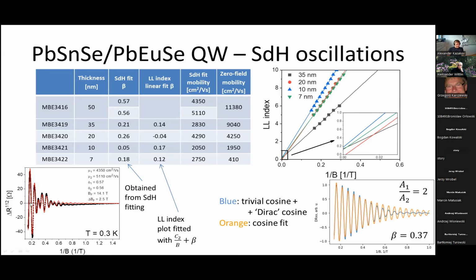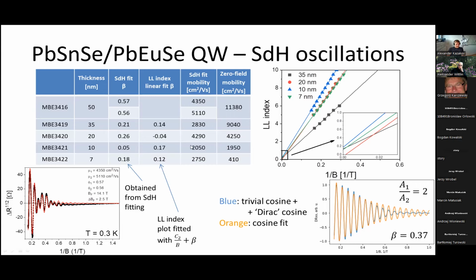And for both cosines we used for the fitting, we get phases close to 0.5, which is consistent with the Dirac nature of the material. However, for other thicknesses, such an approach using a single cosine results in quite random values.